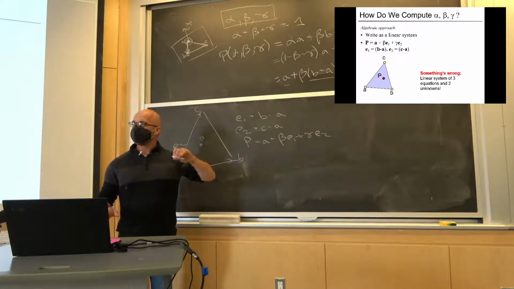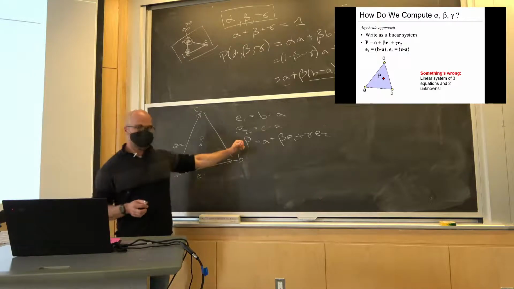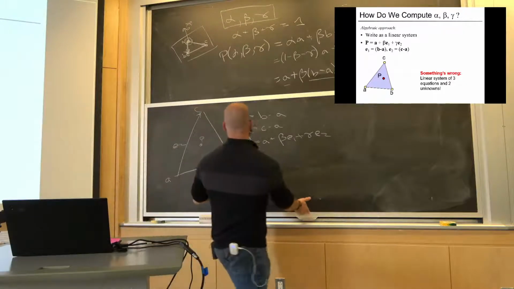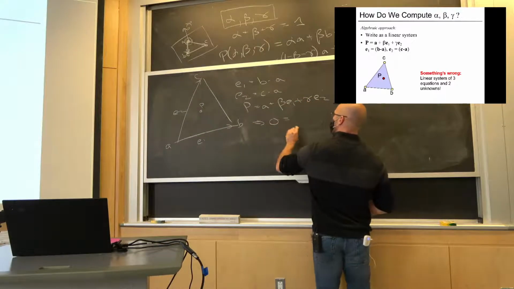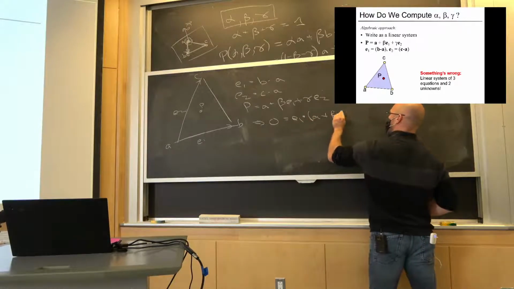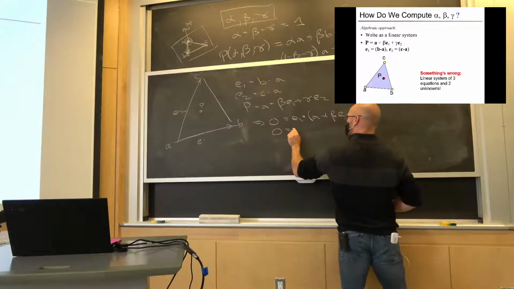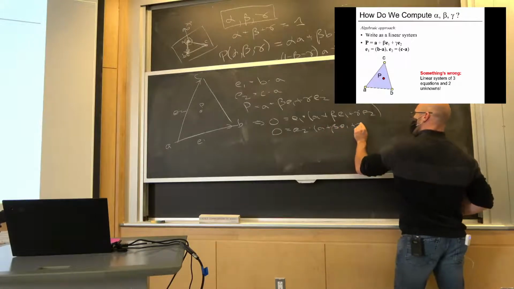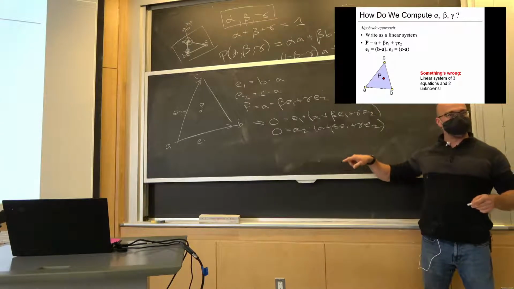Then one thing we need to do is reduce this down to a 2x2 system. One reasonable way to do that is to take the dot product of this expression with E1 and E2. So I could say that 0 is equal to E1 dot product A plus beta E1 plus gamma E2, and 0 is equal to E2 dot product A plus... Notice you can't follow all of these arrows backward, but you can follow them forward.